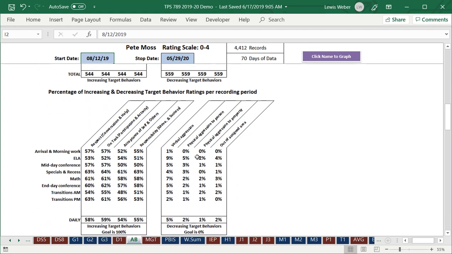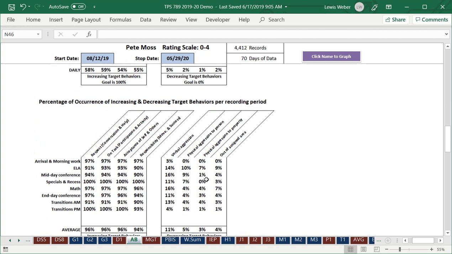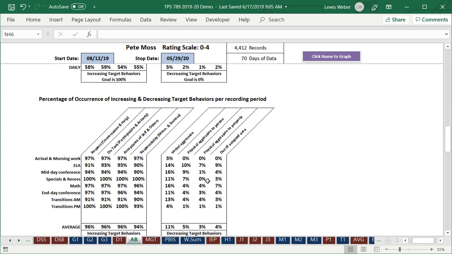Okay, this table looks at the data in terms of the rating percentages. So we want to see 100% over here. We want to see 0% over here. And then we get to decide where the focus should be based on these numbers. Again, we see that ELA was particularly challenging. Here's percentage of occurrence.